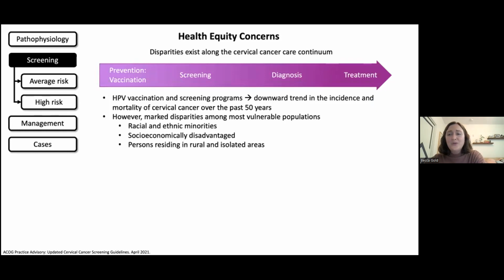There is so much data on this out there, and I tried to highlight a few statistics that I thought were particularly striking. For example, according to some SEER data from 2012 to 2016, cervical cancer mortality rates among Black women in the US were 3.5 per 100,000 people versus 2.2 among white women.